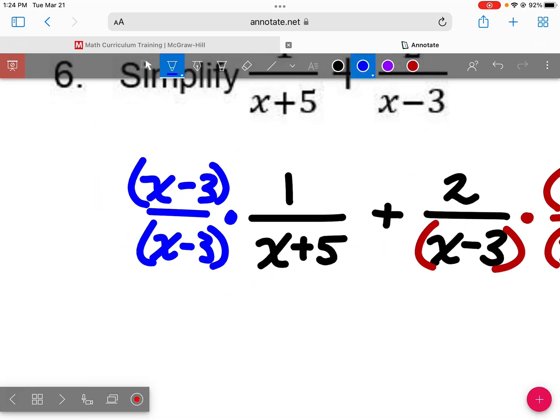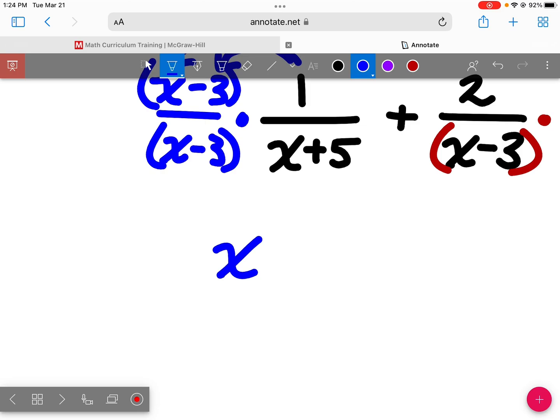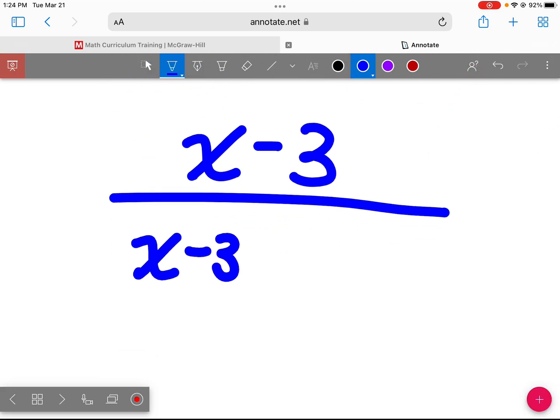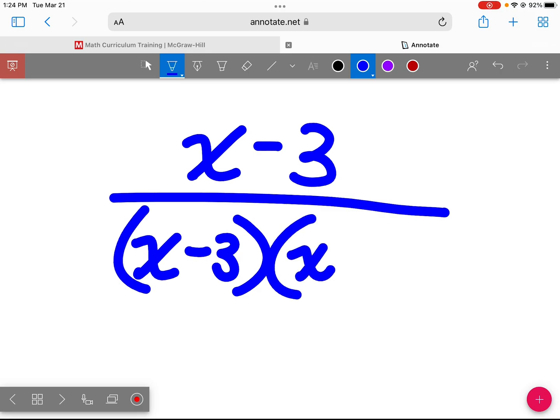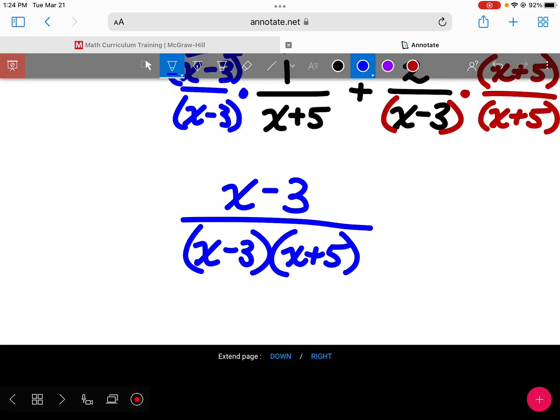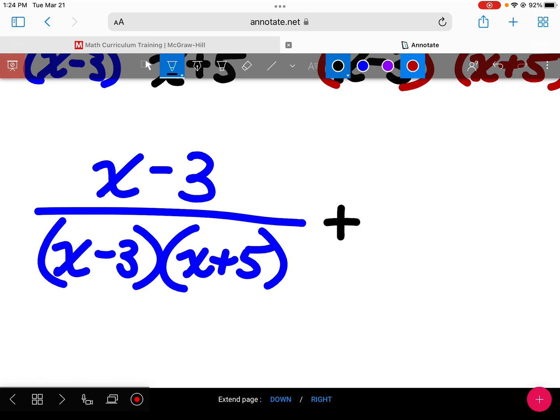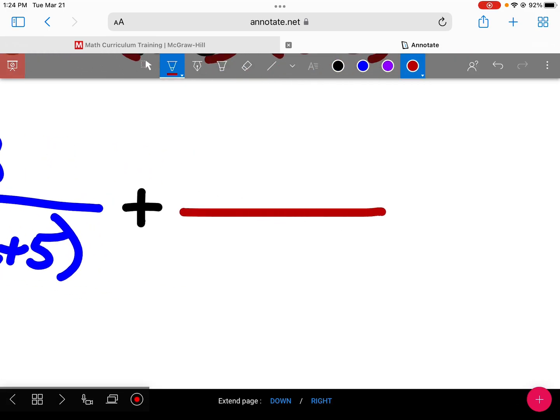Since I'm multiplying together, I have to distribute this 1 to both pieces. So I'm going to have x minus 3 in the numerator over x minus 3 times x plus 5. Bring down my addition sign, and I have to do the same thing for this fraction.